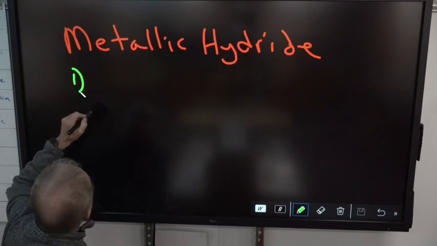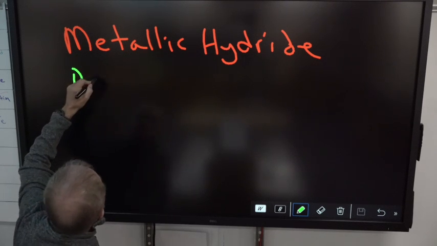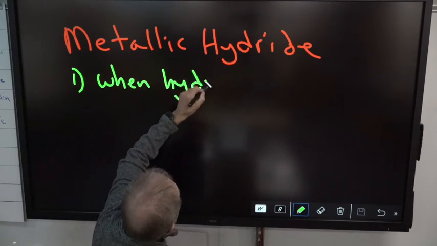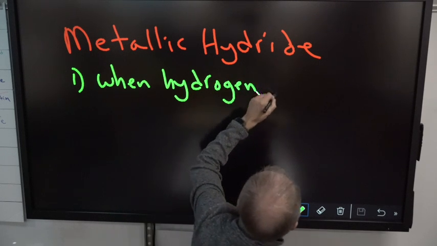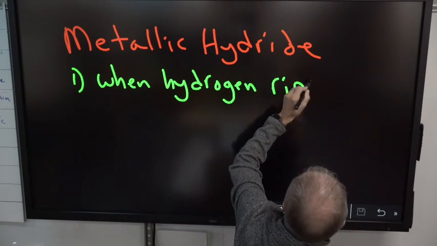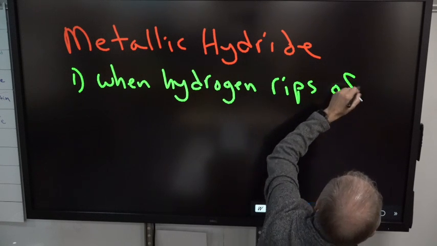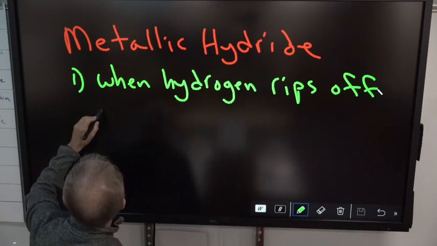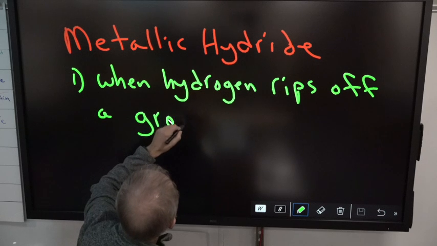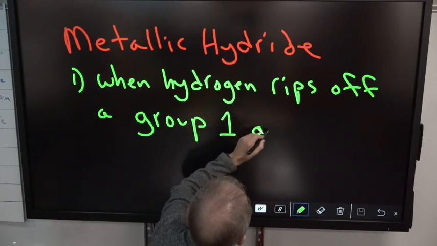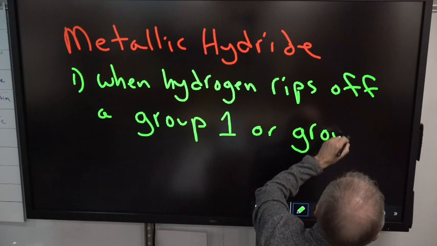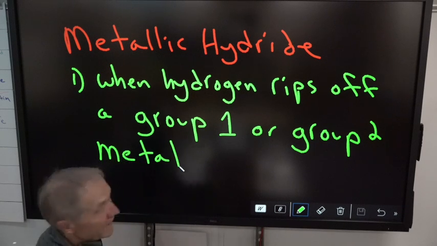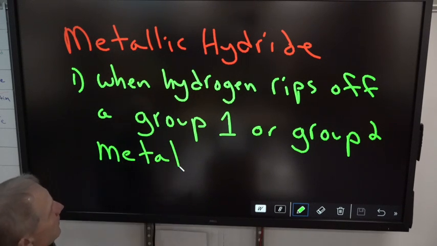Number one, when hydrogen rips off a group 1 or group 2 metal.